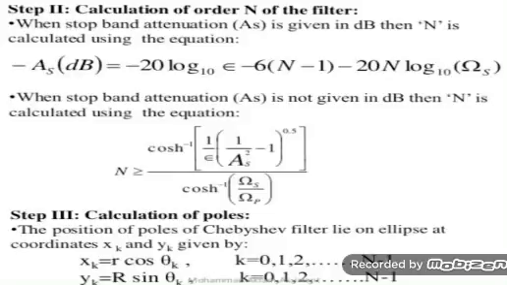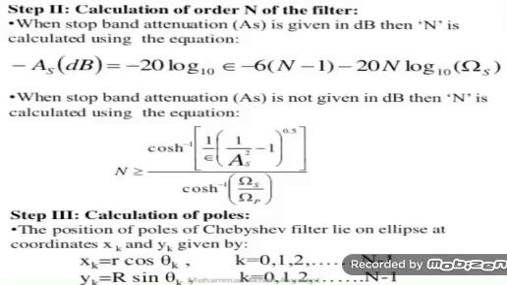Now let us calculate the order n of the filter. When stop band attenuation AS is given in dB, then n is calculated using the equation minus AS in dB equal to minus 20 log epsilon to the base 10 minus 6(n minus 1) minus 20 n log ωs to the base 10.